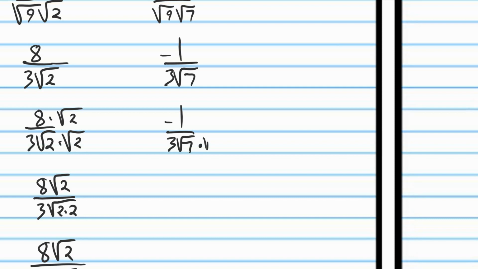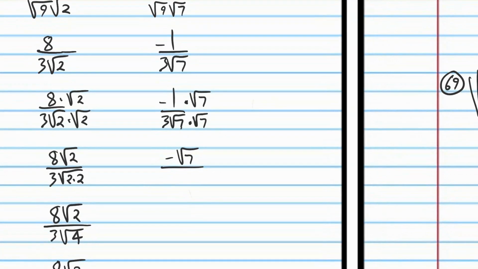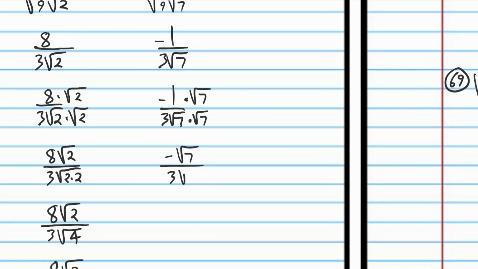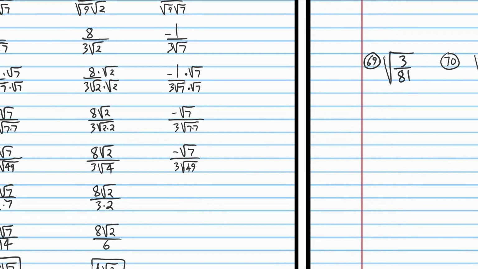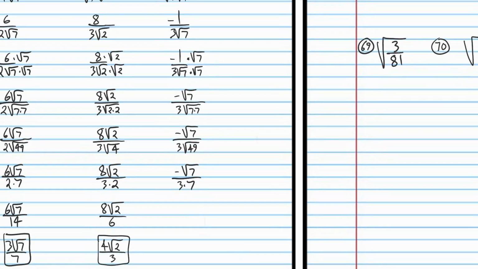So we have a √7, which means we have to multiply both sides of the fraction by √7. And we get -√7 over 3 times 7, because root 49 is 7.